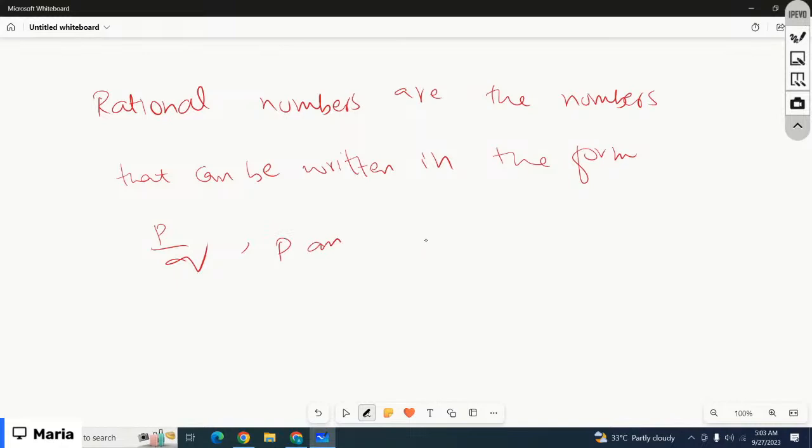P and Q both are integers, right? So that is the definition of the rational numbers. Rational numbers are the numbers that can be written in the form P by Q, and P and Q both are integers.